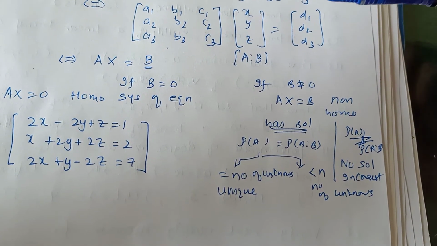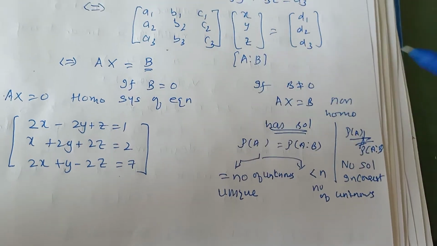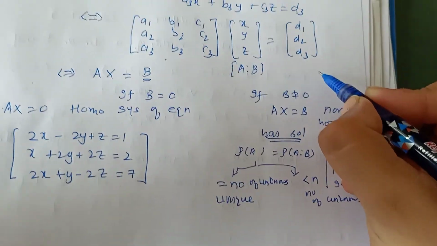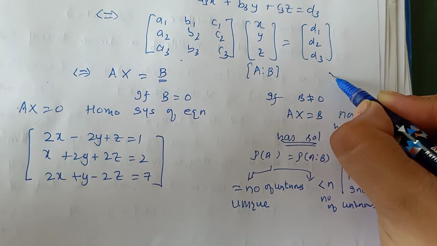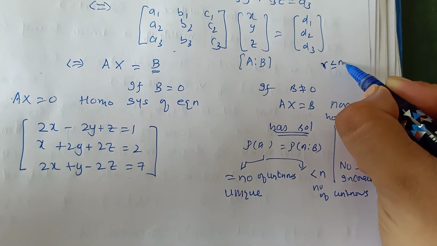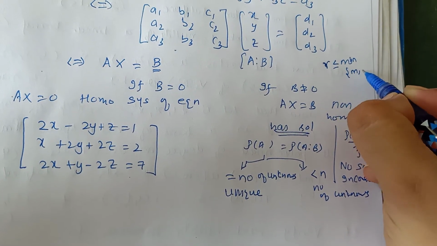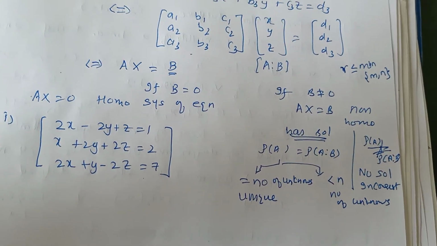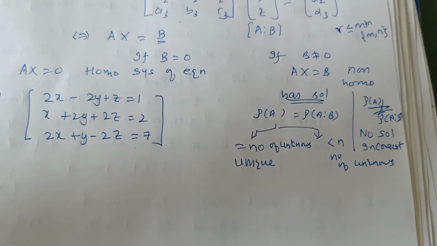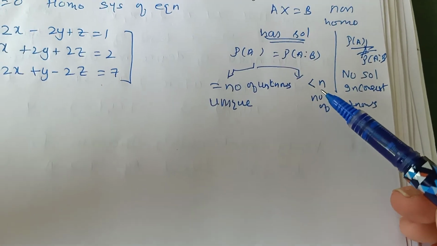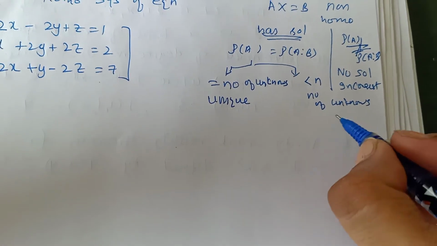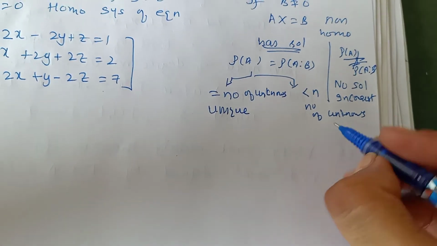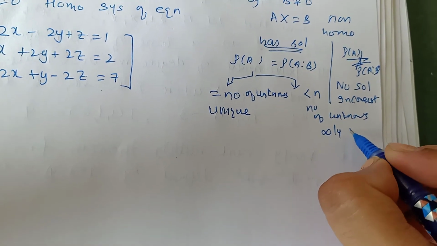Rank cannot be greater than 3. Please recall this while talking about rank. I told you rank is always less than or equal to the minimum of the number of rows and the number of columns. So the rank of this matrix will always be 3 or less than 3. It can never be greater than 3. So if the rank is less than the number of unknowns, then this system has infinitely many solutions.